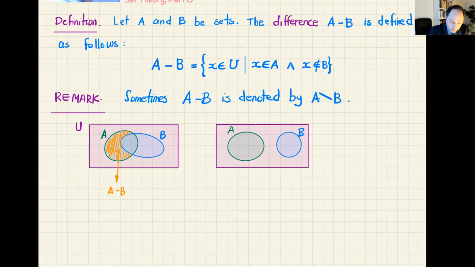A itself is A minus B. So in this case, I am interested in elements which are in A but not in B. Of course, in this picture, none of the elements from A belongs to B. So it means that A minus B is exactly A itself.